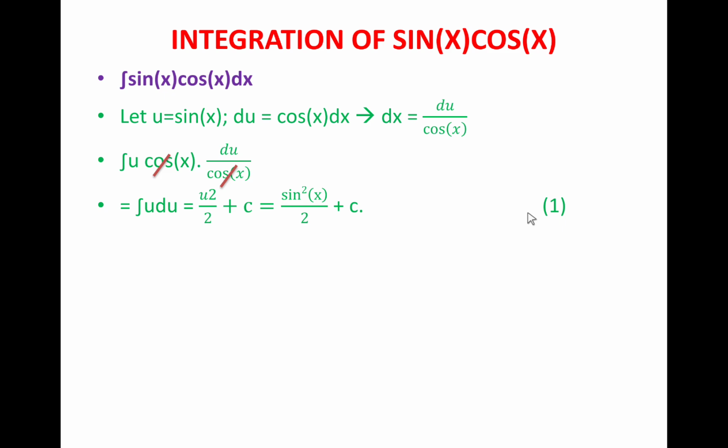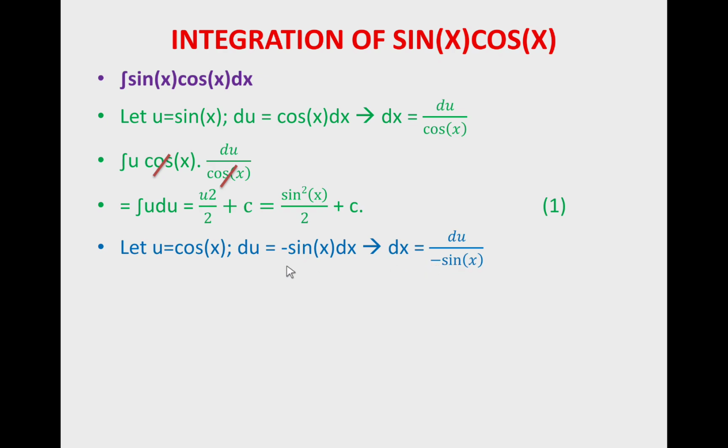Now we will do the integration again, but this time we will use substitution for the cosine instead of the sine. So let u equal cosine x. If we do the derivative of both sides, then du will be equal to negative sine x dx. If we solve for dx, we find that dx will be equal to du over negative sine x.